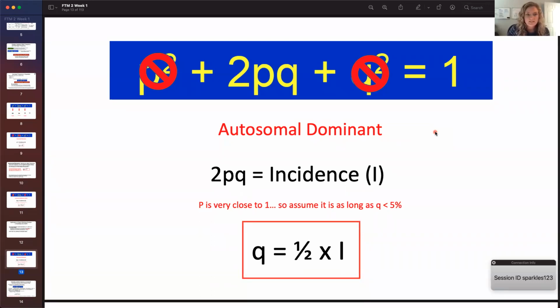So with these, the 2PQ is going to equal the incidence, which you can again cancel out the P. So the Q is going to equal half the incidence, and that's because the Q is the allele. So the number of affected people, half of those alleles are going to be the disease causing allele, because you only have to have 1 to be affected.